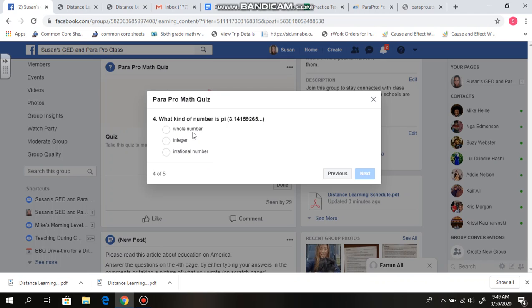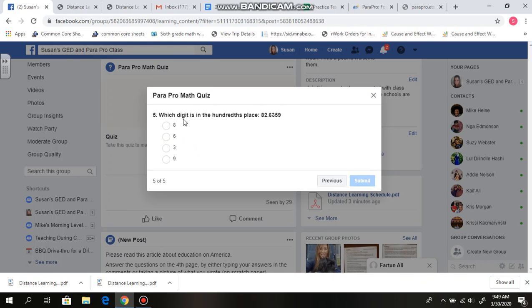So a whole number we know is 0 and bigger, not a decimal, not a fraction. An integer is a whole number, can be negative or positive. An irrational number is what pi is. So it's a number that doesn't ever end. It doesn't really end after 3.14. It really keeps going and going and going. So it's an irrational number.